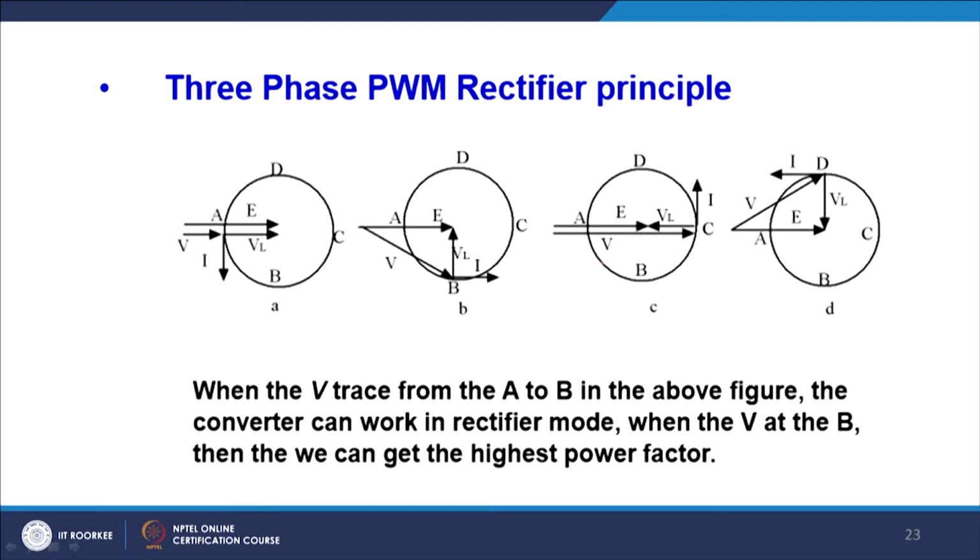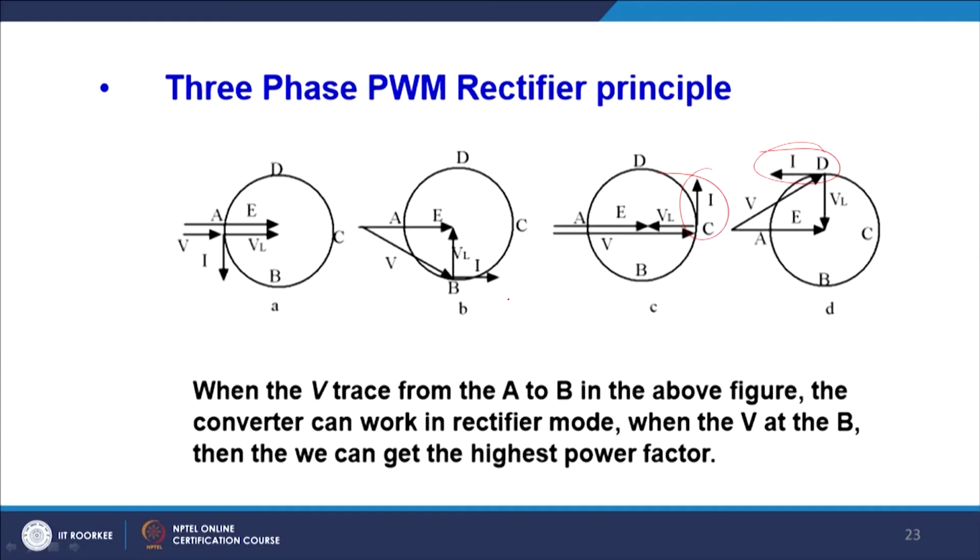Same way in C, we can give voltage back, and in this case you can see that I is leading. In this case I can be lagging, and you can see that I has a 180 degree phase shift. That means you are sending the power back to the grid.